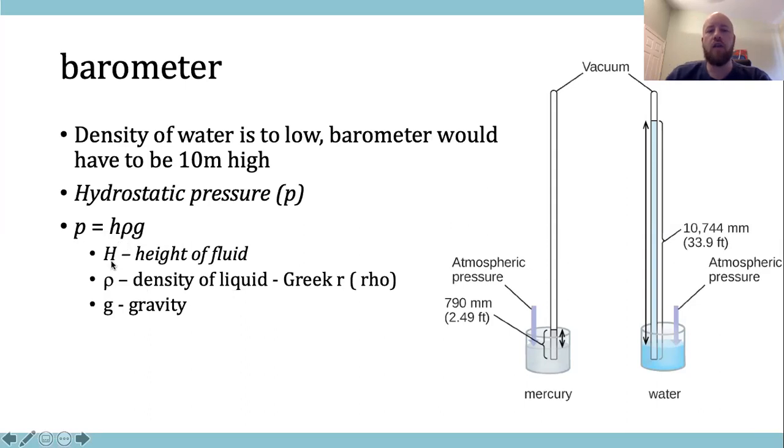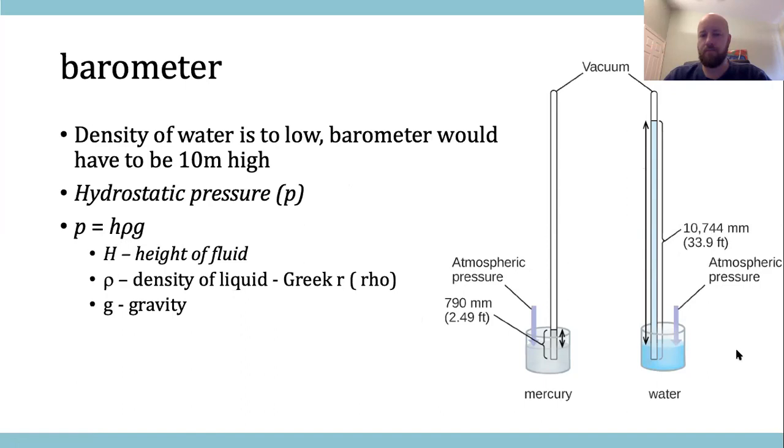So the hydrostatic pressure is equal to these. The density of water is so low that in order to reach atmospheric pressure, a barometer made of water is about 30 feet tall, right? So it's not functionally usable.